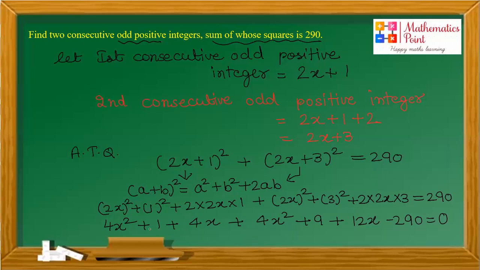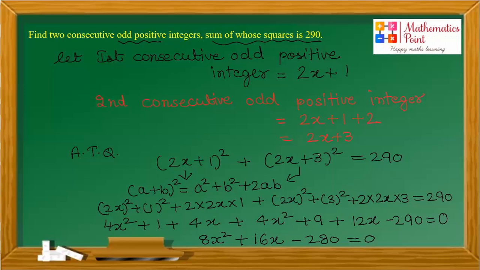Now when we simplify this one, what do you get? 4x square plus 4x square, it will become 8x square, and 4x plus 12x, it becomes equal to 16x. Now 1 and 9 makes 10, and 10 minus 290, that is minus 280, is equal to 0.